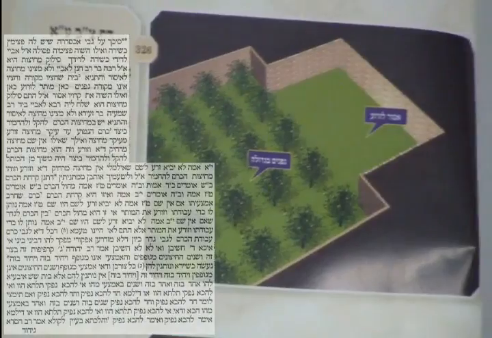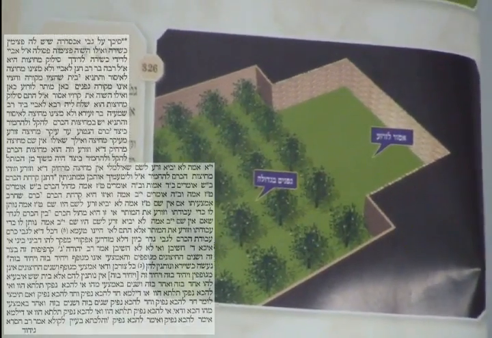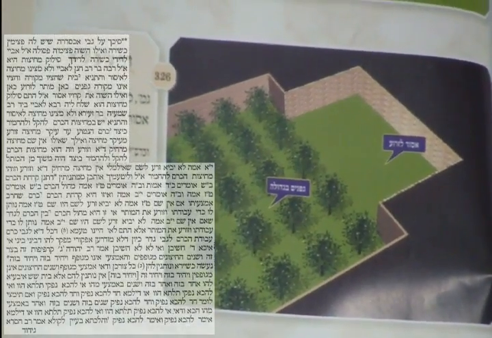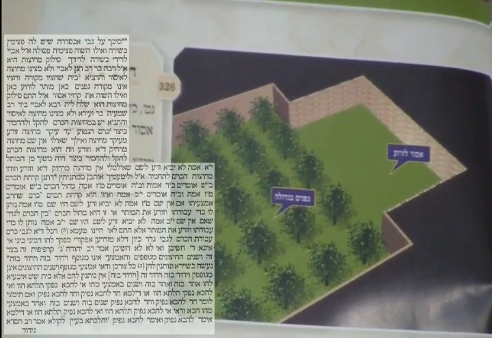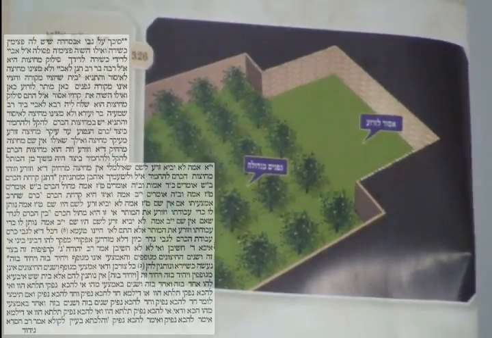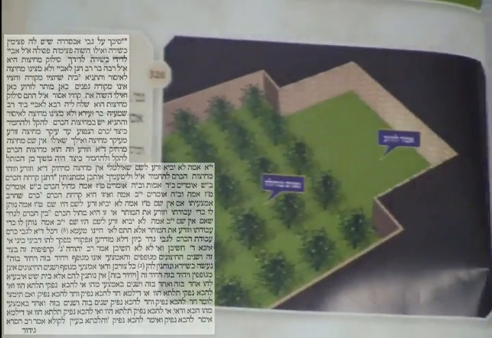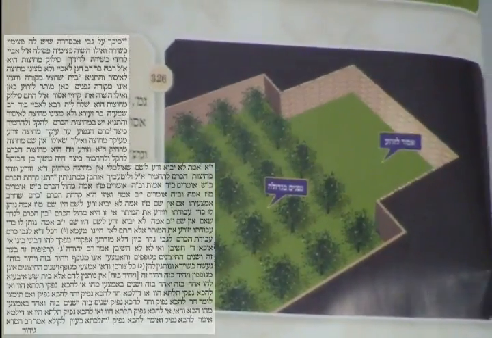So what you see here, it's very clear that the very placement of the mechitza, of the partition, for example in the case of the roof, caused a prohibition. And Abaye rejected, and he said, אמר ליה אטום סילוק מחיצותיו.